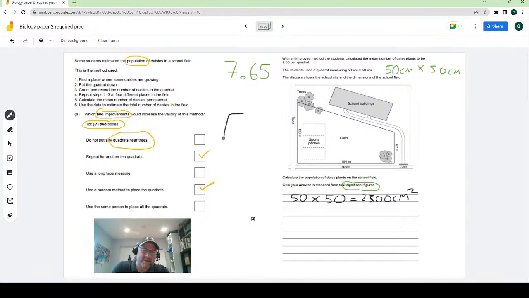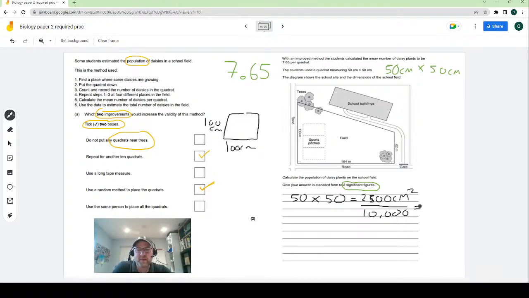Just remember, a meter square is 100 centimeters long and 100 centimeters wide. And if you do 100 times 100 on your calculator, you get 10,000. So when I convert this into meters squared, I'm going to divide this by 10,000.